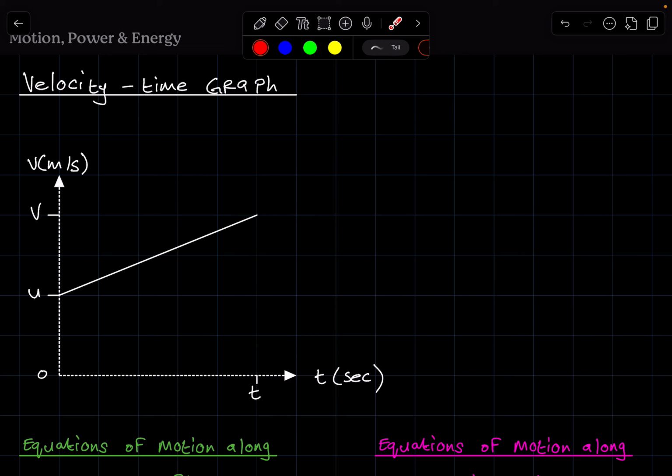Now, in looking at kinematics, we are going to make use of what we call kinematic equations. Kinematic equations are also known as equations of motion. Before using the equations of motion, we are going to look at how they come about, essentially meaning we are going to derive the 4 equations of motion.